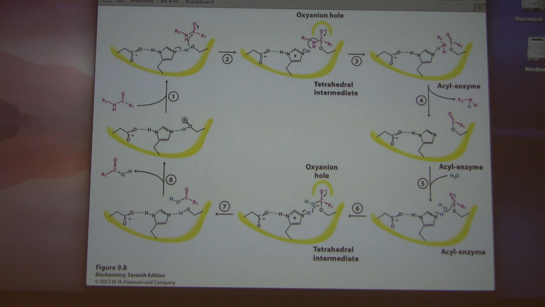At this point, this part of the polypeptide that we started with is held in place only by a hydrogen bond. That's not sufficient to hold it to the enzyme. It goes away, as you see here. And that, in the reaction I've already shown you, was the yellow color. The yellow color has disappeared.